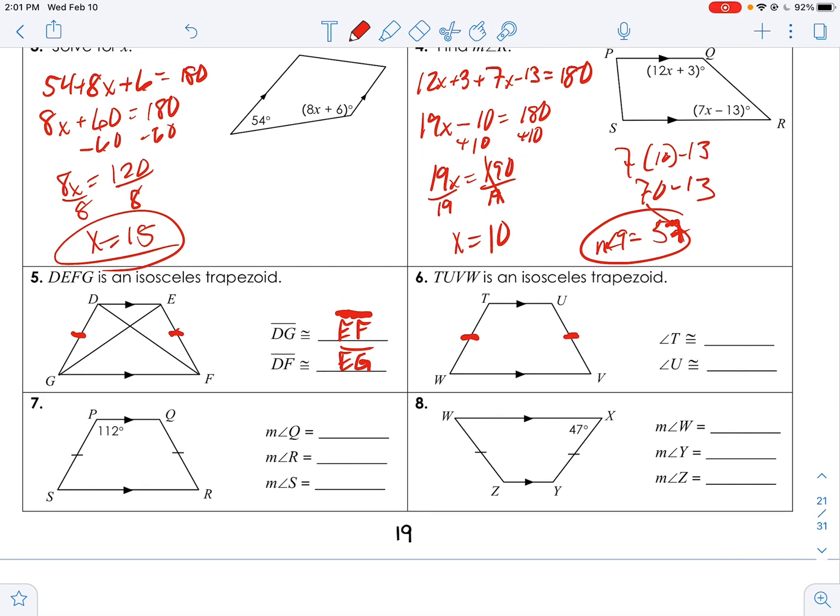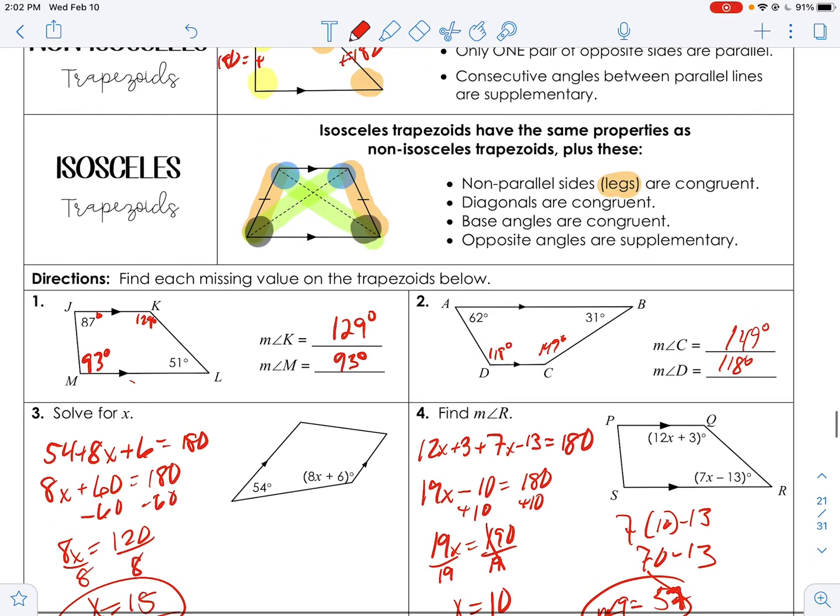So angle T is congruent to angle U, and angle V is congruent to angle W. I think that's a typo, but yeah, the base angles are the same.